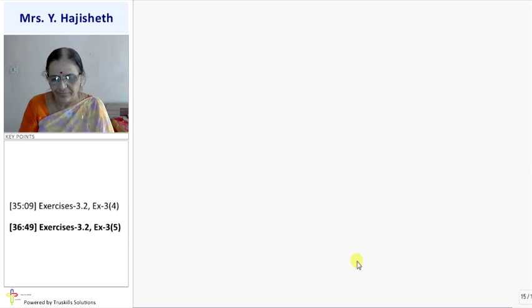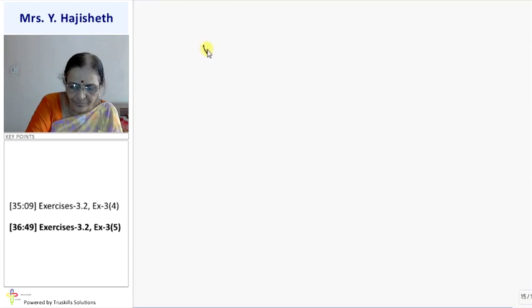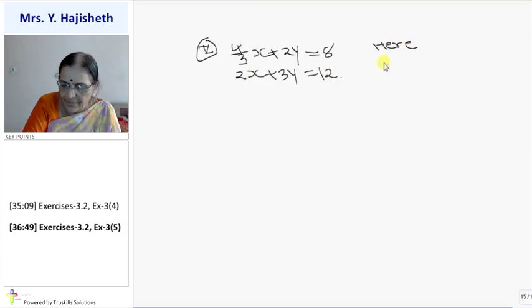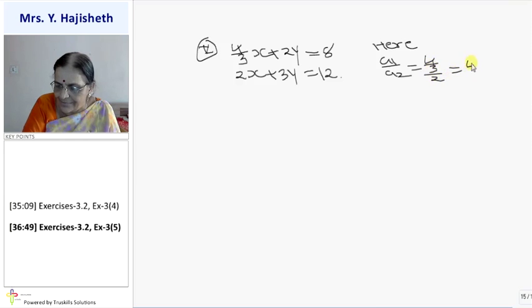Let us see the fifth sum. You are given 4 by 3 x plus 2y is equal to 8. Another equation is 2x plus 3y is equal to 12. Here A1 by A2 is equal to 4 by 3 upon 2, so 4 by 6, so 2 by 3.